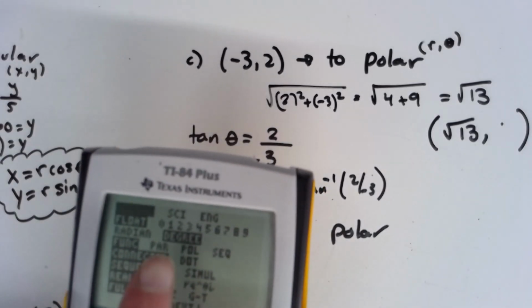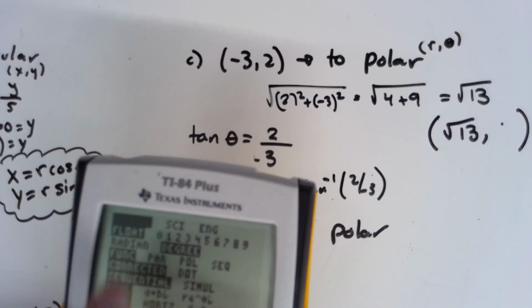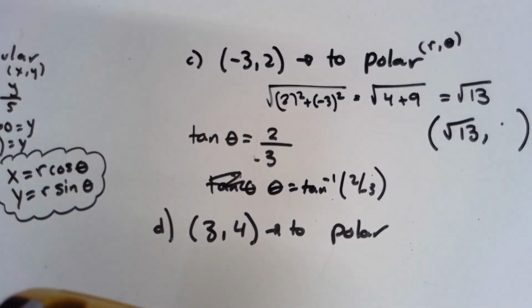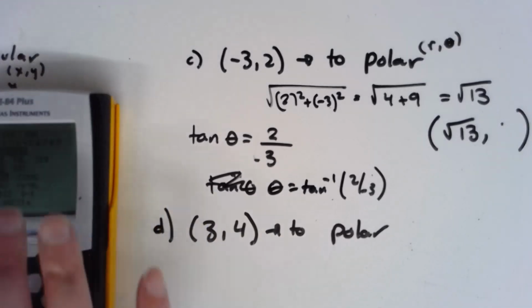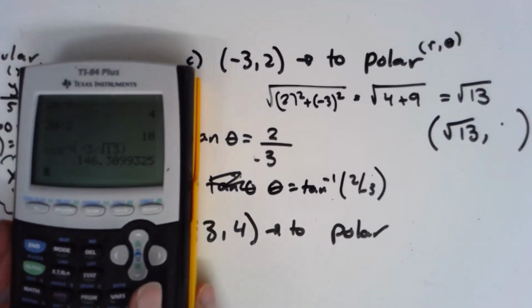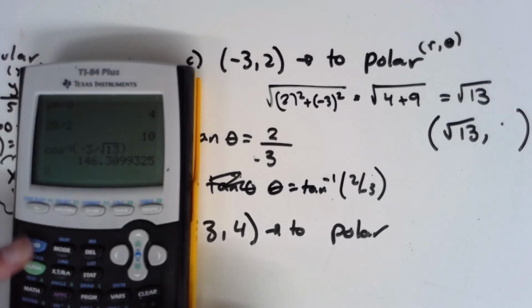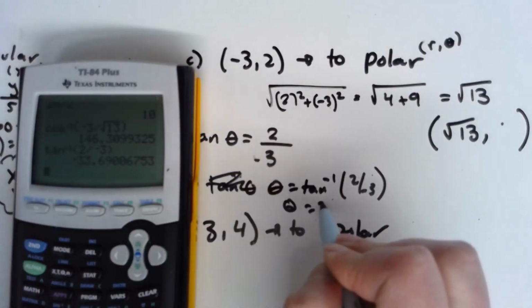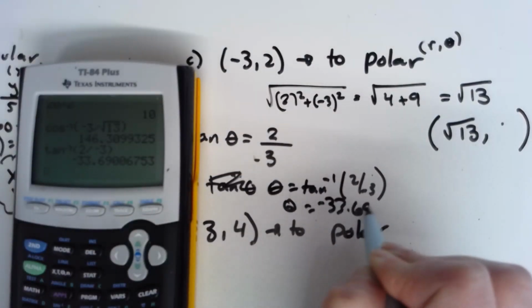I pulled it out of parametric from yesterday, it's back to function. I don't think that should mess up anything, only if you're trying to graph, but I'd rather be safe than sorry. Okay, so tangent inverse of 2 over negative 3, and theta equals negative 33.69 degrees.